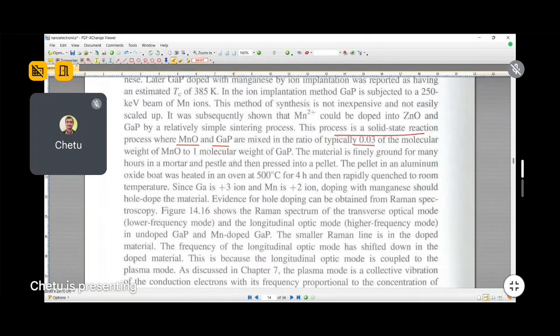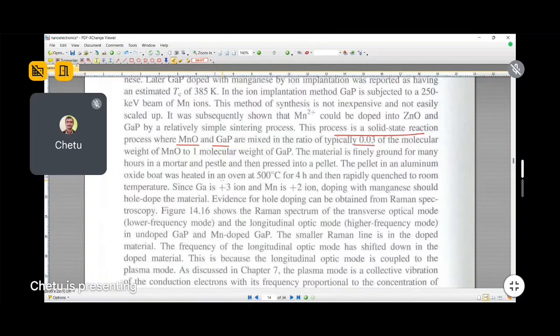So for one molecular weight of gallium phosphide, 0.03 molecular weight of MnO is added, and this mixture is finely ground for many hours using a mortar and pestle, and then pressed into a pellet. So it is like a tablet-shaped pellet.